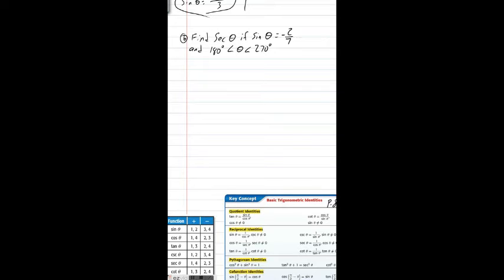So in between 180 and 270 is the third quadrant. Alright, so we're in the third quadrant.